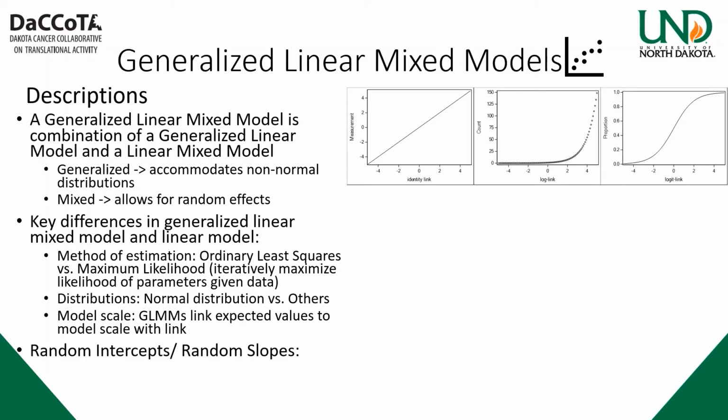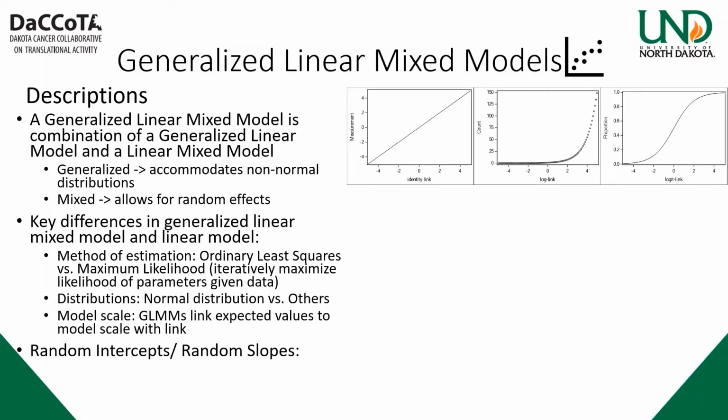The logit link is bounded by 0 and 1, so it accounts for that as well. Log link is good for count data like Poisson distributions, negative binomial distributions, exponential distributions, and so forth. Logit link is good for things like binary distributions, binomial distributions, beta distributions.